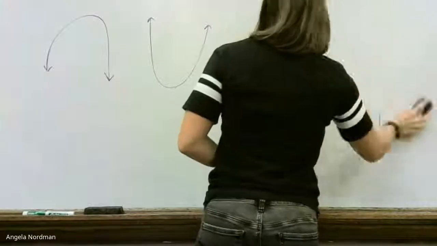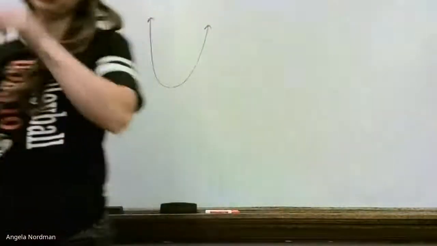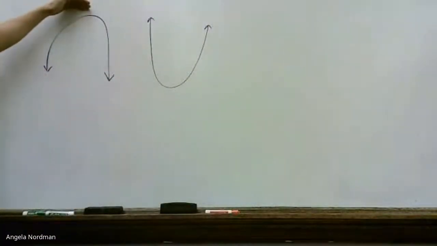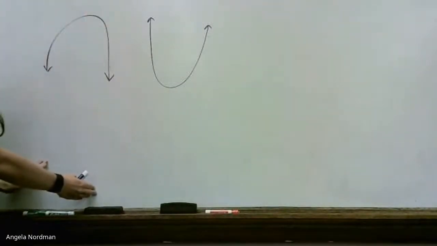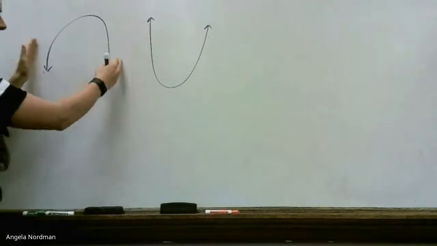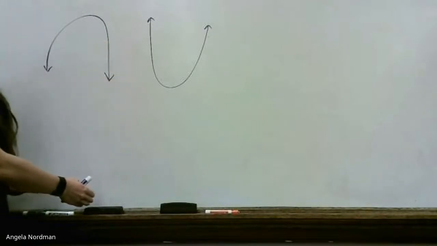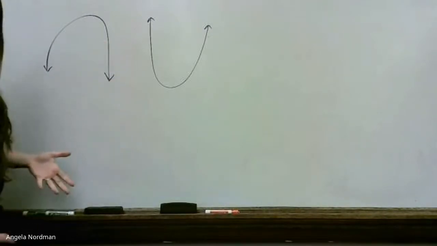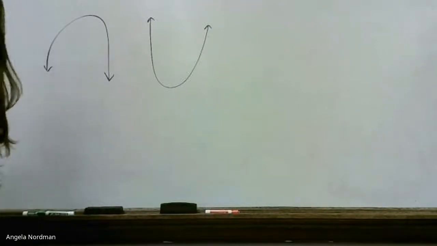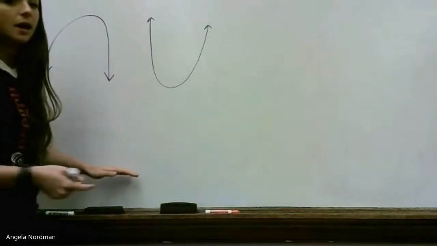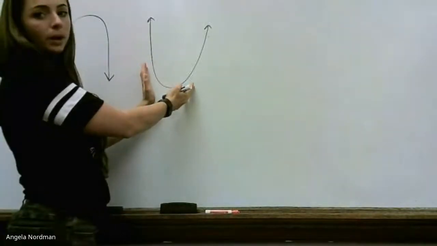Now, the reasoning behind that is when we look at these two things. This parabola that opens down is going to go down forever. Am I ever going to have my lowest point? It's going to keep going to negative infinity. There's never going to be my smallest point down here. Same thing with this parabola opening up.